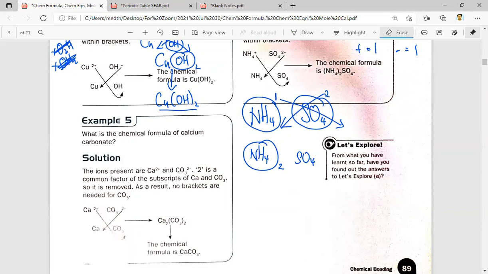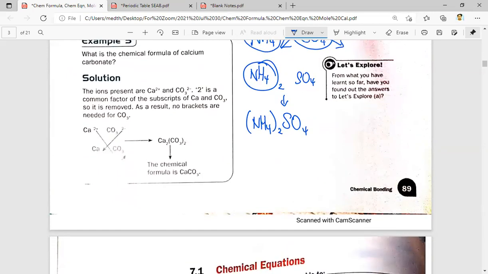So the formula actually looks like this, but obviously you don't see a big circle in your chemical formulas. This big circle actually represents your bracket. So my formula, I'm going to simplify it to NH4 bracket 2SO4. So this is the chemical formula for ammonium sulfate.